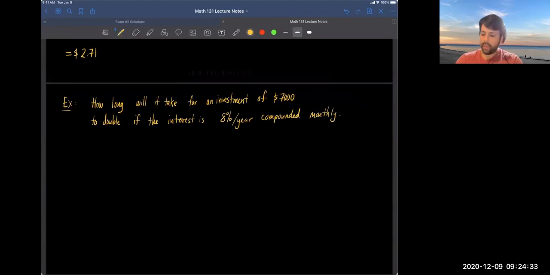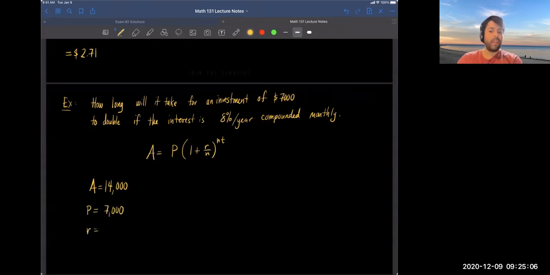So again, I'm going to use the compound interest formula, just a regular one, not the compound continuously, because it's compounded monthly. So I need to recognize what A, P, R, N, and T are. The accumulated value would have to be double 7,000, so A is 14,000. P is 7,000.